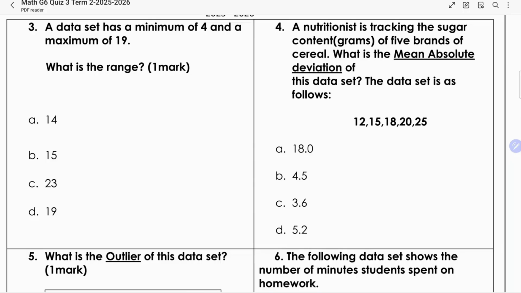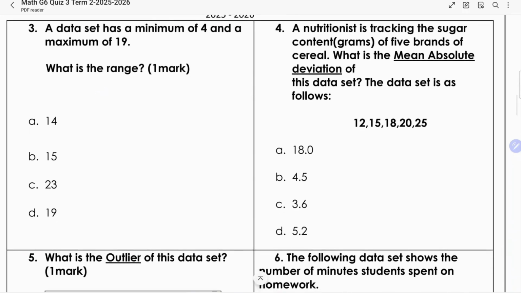Now, to find the range, so for example, if we have 4 here, let me just put the pen on. We have 4 and we've got 19. We're looking at a distance from 4 to 19. How would I find that? I'd find a difference. So I could say 19 minus 4, which is 15. Some people put 14.